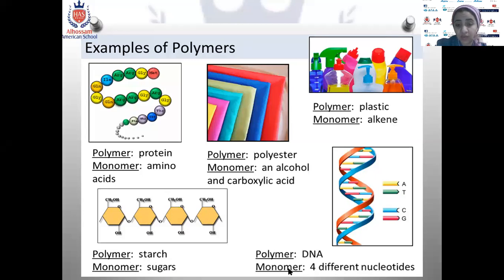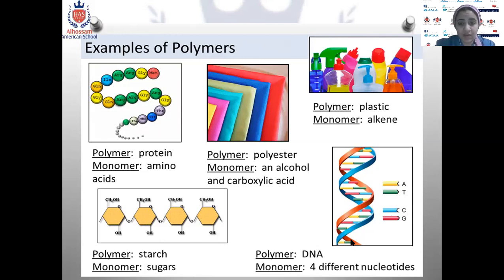It contains 4 different nucleotides, so it will be a copolymer. The sugar or the starch here is a homopolymer. Because DNA contains more than one type of monomer, this will be a copolymer. So DNA, starch, protein are examples of natural polymers, okay?